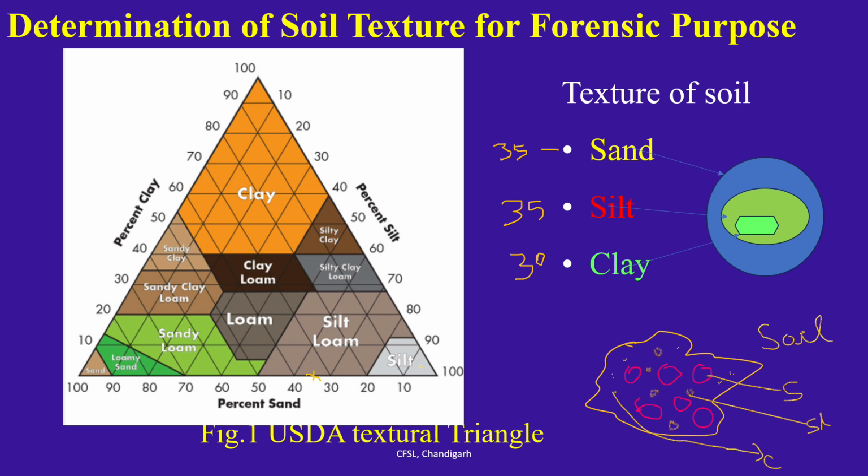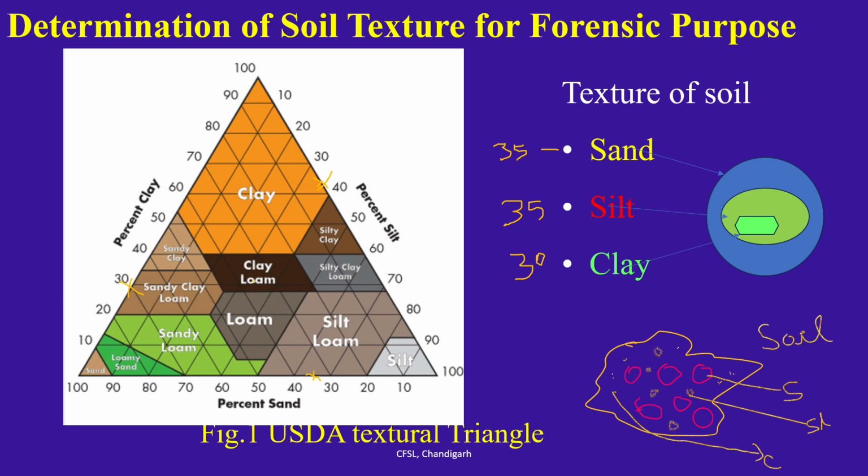Silt is equal to 35, so this is here. Right? And clay is equal to 30, so clay is equal to this. So we follow these lines, and these lines meet here.